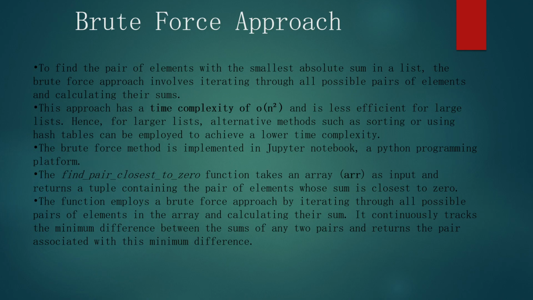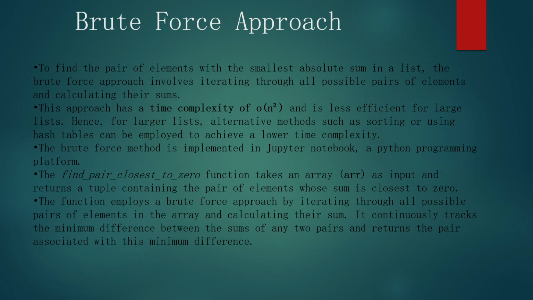Brute force approach: to find the pair of elements with the smallest absolute sum in a list. The brute force approach involves iterating through all possible pairs of elements and calculating their sum. This approach has a time complexity of O(n squared) and is less efficient for large lists.